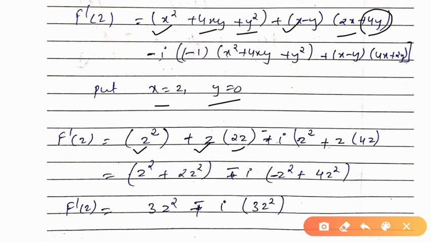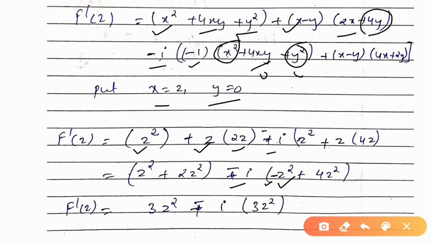Next, minus i will be as it is. Here I am getting minus 1, so I am putting minus here. This x square will become z square, and this whole term will become 0.